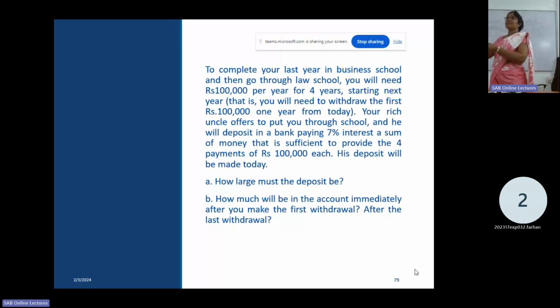That is part A. How much will be in the account immediately after you make the first withdrawal? After you take the first 100,000, how much is your account balance? After the last withdrawal, how much is the account balance?